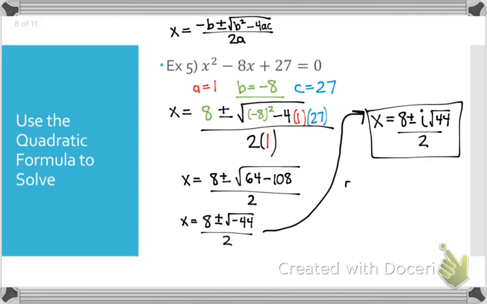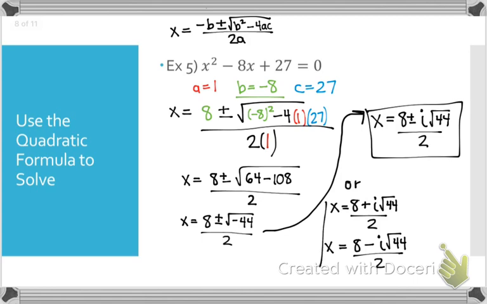Or we could say x is equal to 8 plus i root 44 over 2, and x is equal to 8 minus i root 44 over 2. That would be a different way of writing our solution.